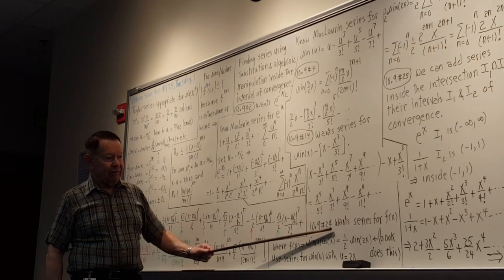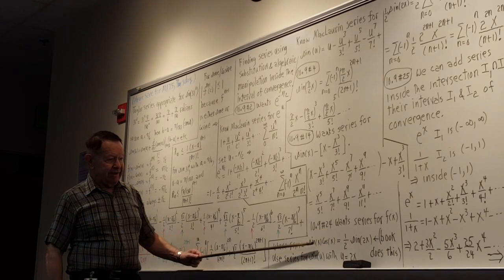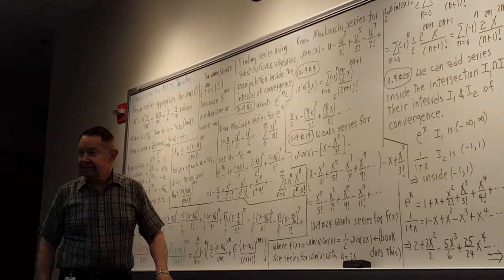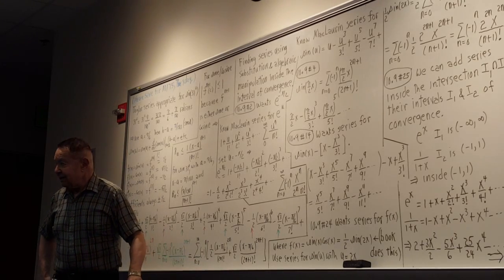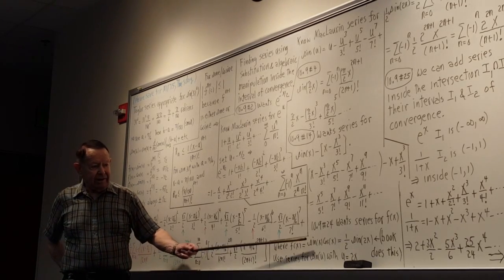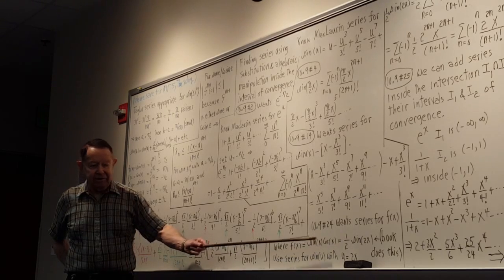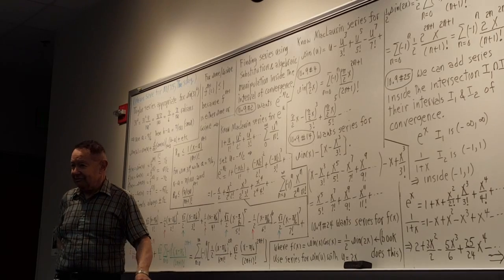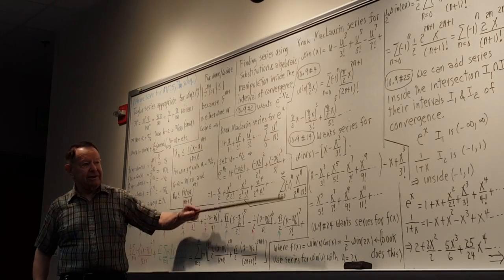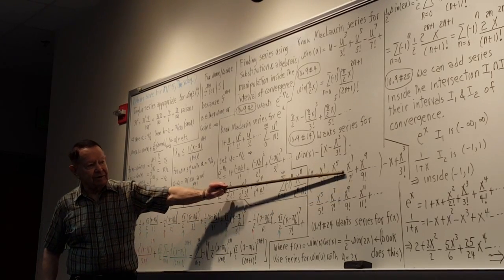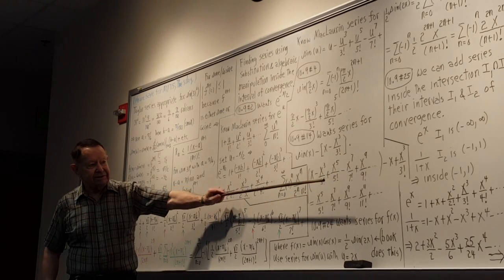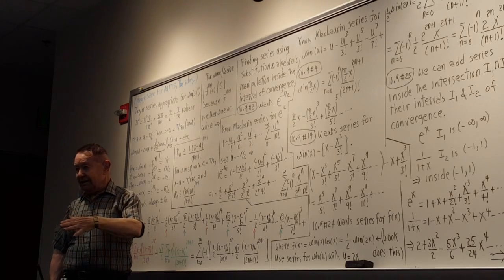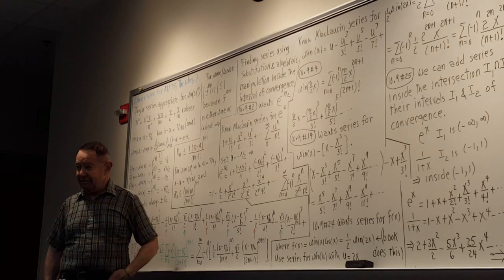Okay, number 24 wants the series for f of x where it's the product, sine cosine. So there are two ways you could go after this. One is to do what we call the Cauchy product, which is part of tomorrow's class, where you'd actually take the first few terms of the sine series and the first few terms of the cosine series and start multiplying them like you'd multiply polynomials.